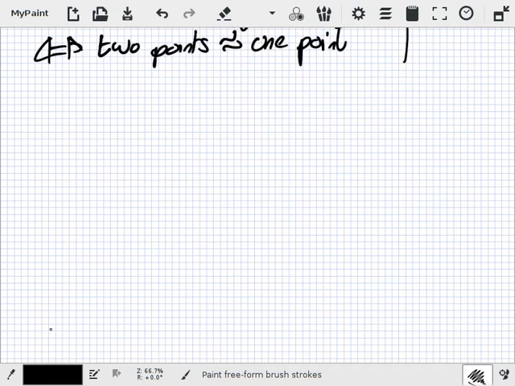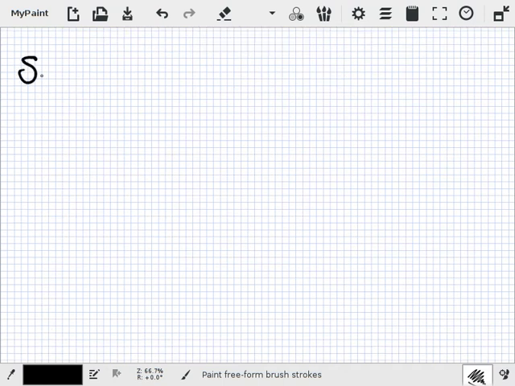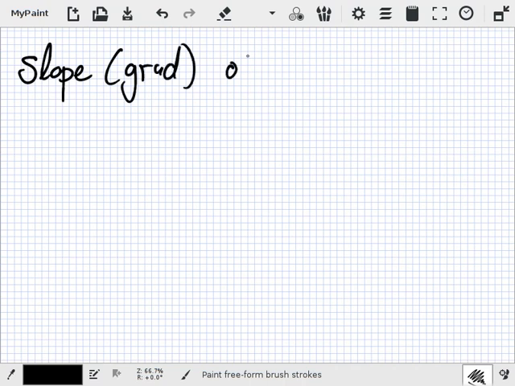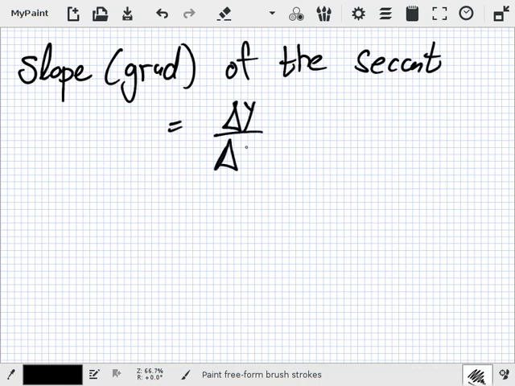So, some definition. The slope or the gradient of the secant, we write it as delta y over delta x, the same thing, y2 minus y1 over x2 minus x1. But this one is a little bit different because the points are quite close together.